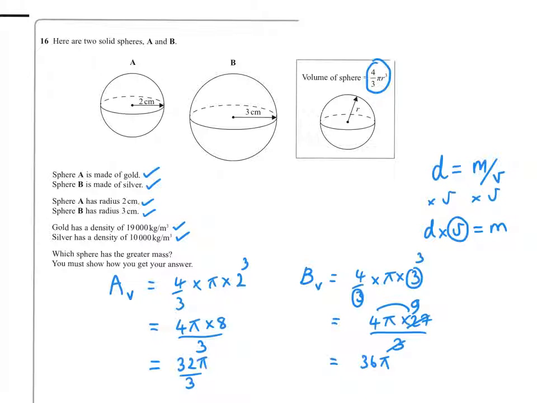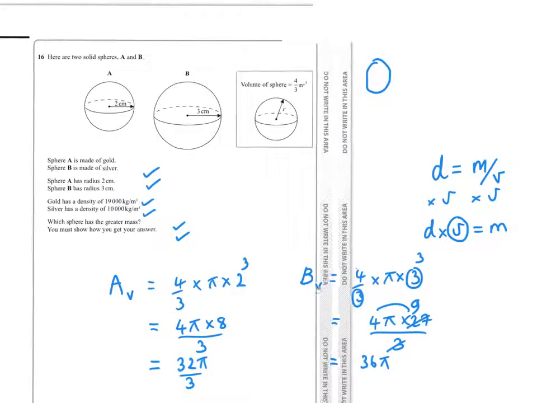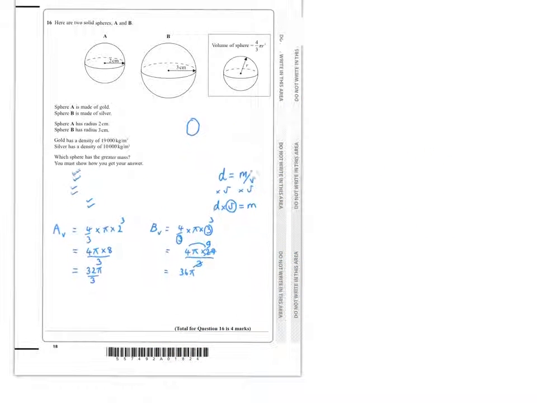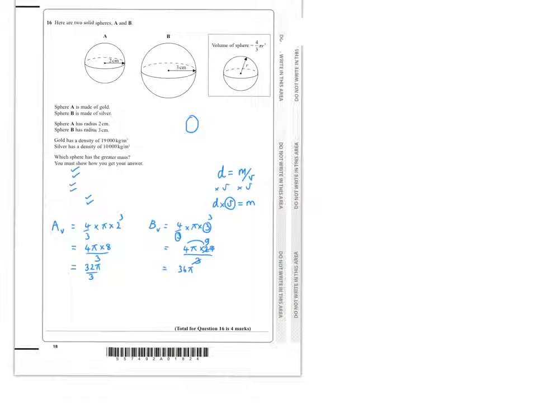Now, we already know that the mass is density times volume. So if we create a little bit more space for ourselves here, then what we can do is we can just do some calculations. So the mass for sphere A is going to be its density, which is, now that's made of gold, so it's going to be 19,000 times, well, how many meter?